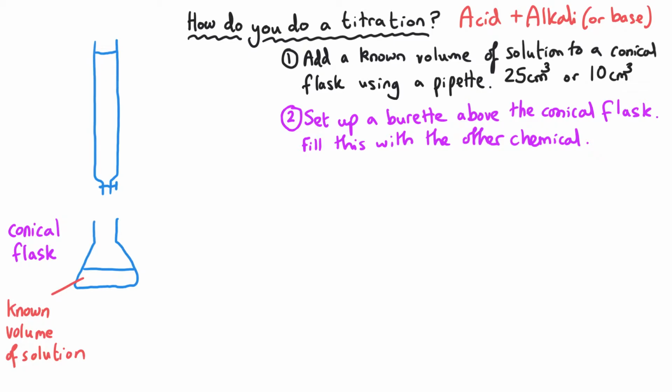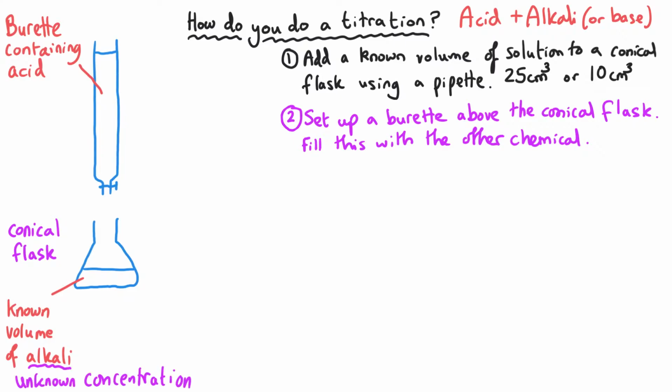There's no rule for which chemical goes in the conical flask and which goes in the burette. For this example, I'm going to say acid is in the burette and alkali is in the conical flask. I'm also going to say that it's alkali that I'm finding out the concentration of. Typically, the unknown concentration goes into the conical flask, but it doesn't need to. It does work both ways.